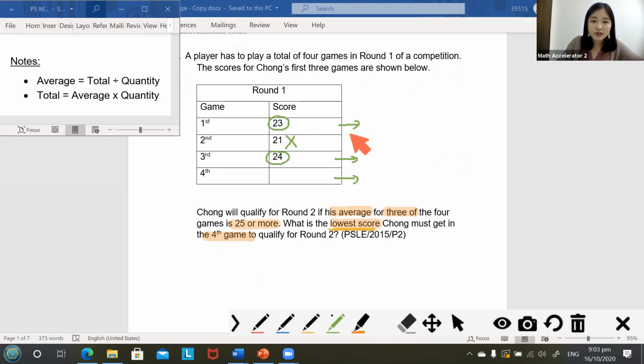Right, so the average of these 3 games that we need, it has to be 25 or more. So let's find the total of the 3 using the average for 3 of the games. The average of the 3 of the games is given, right? Average of 3. Yes, 25. Okay, good. Thank you.